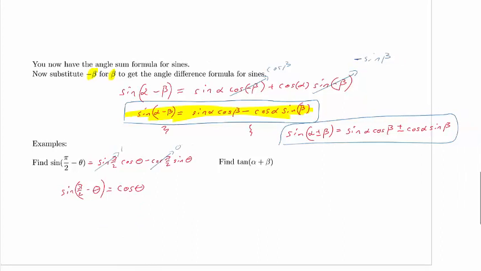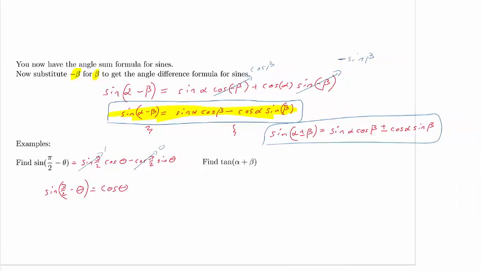So one last thing, we're going to look at the tan of alpha plus beta. And so first off, we're going to go, okay, well, what is tan? Well, that's rise over run, sine of alpha plus beta over cosine of alpha plus beta. Pretty straightforward. And then we just make our substitutions. Sine of alpha plus beta is simply sine alpha cosine beta plus cosine alpha sine beta.